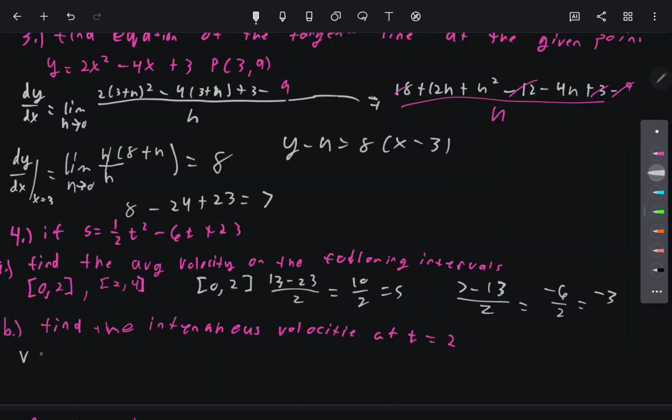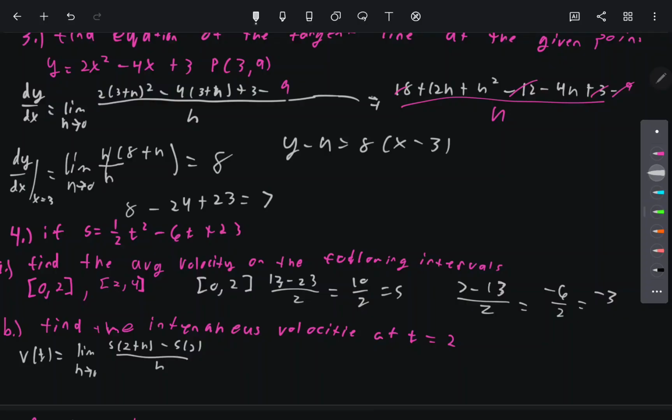So velocity of t is equal to the limit as h approaches 0 of s of t plus h, which in this case we're evaluating at 2, minus s of 2, all over h.